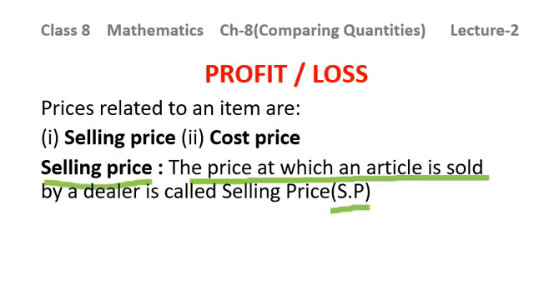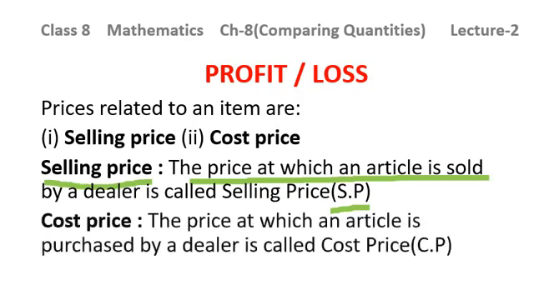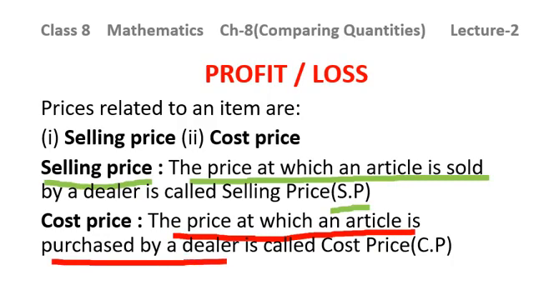Next, we will talk about cost price. What do you mean by cost price? As the name indicates, the price at which an article is purchased by a dealer is called its cost price, or CP. So the prices related to an item are selling price and cost price.